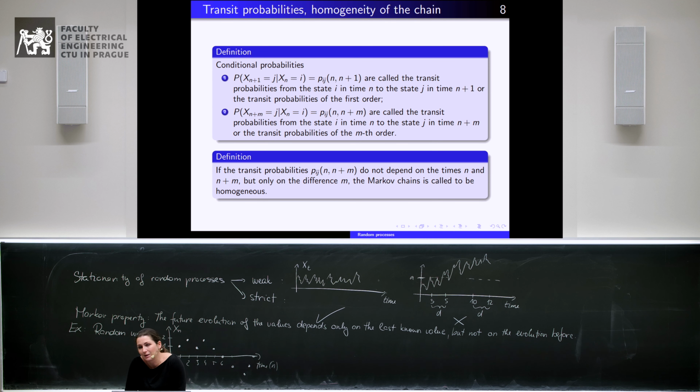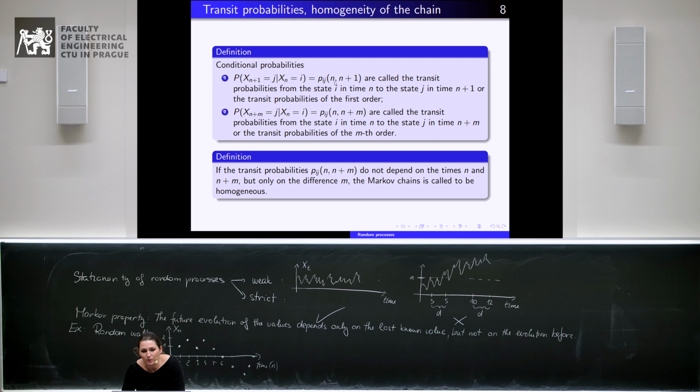Before we start with an example, which will follow us for the whole lecture today, we will mention a few terms. Since everything depends only on the value i in the present time and the value j in the future time, in the time n+1, we will denote these probabilities of getting from the value i now to the value j in the next time as Pij.